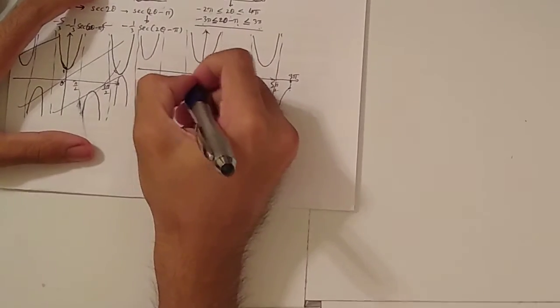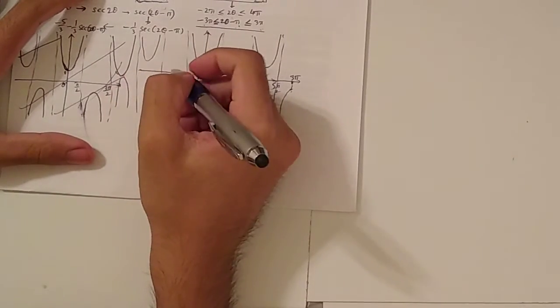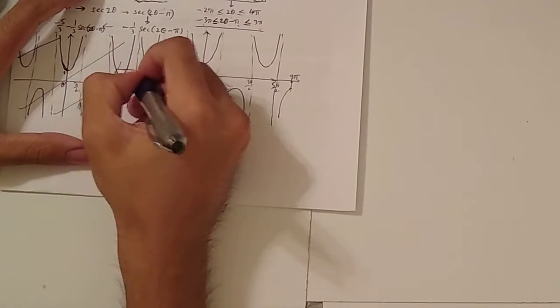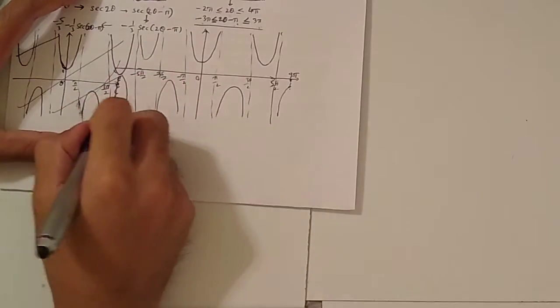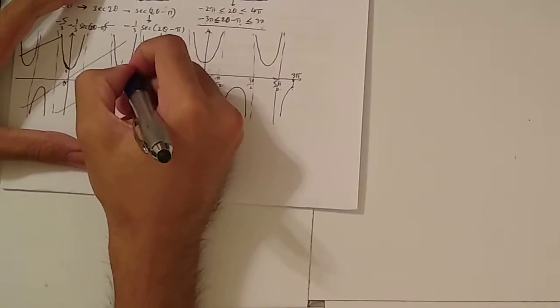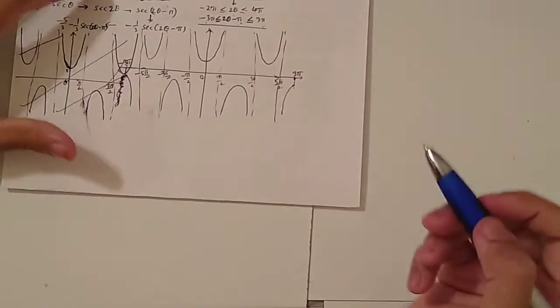This is minus pi by 2, this is minus 3 pi by 2, this is minus 5 pi by 2, and finally again we don't need the other half of this U shape. The first half of the U shape ends at minus 3 pi. Alright, so this is your first graph.